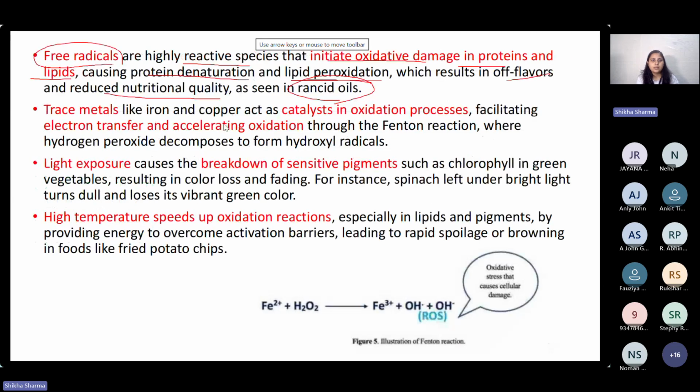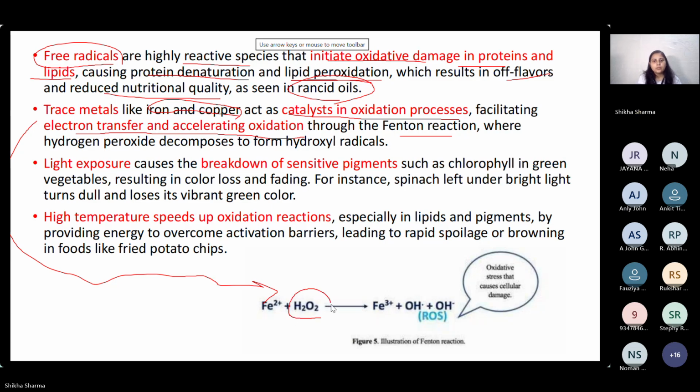Then trace metals like iron and copper, what are they doing? They catalyze the oxidation process, facilitate electron transfer, and accelerate the oxidation reaction through the Fenton reaction. So what is happening here? Trace metals like iron, Fe2 plus, go through electron transfer reactions and accelerate the oxidation.